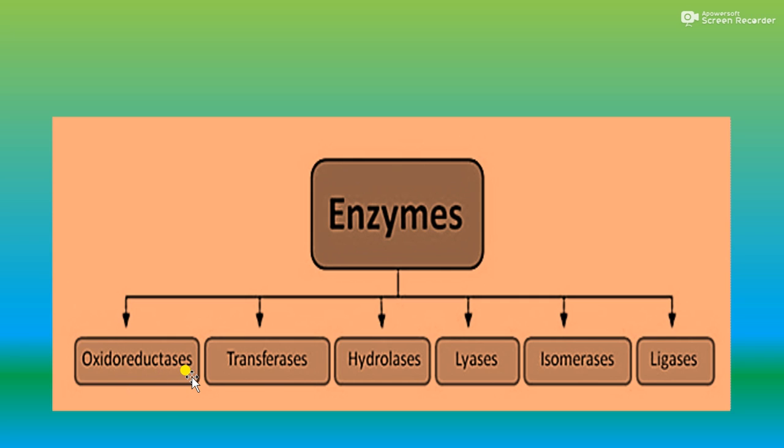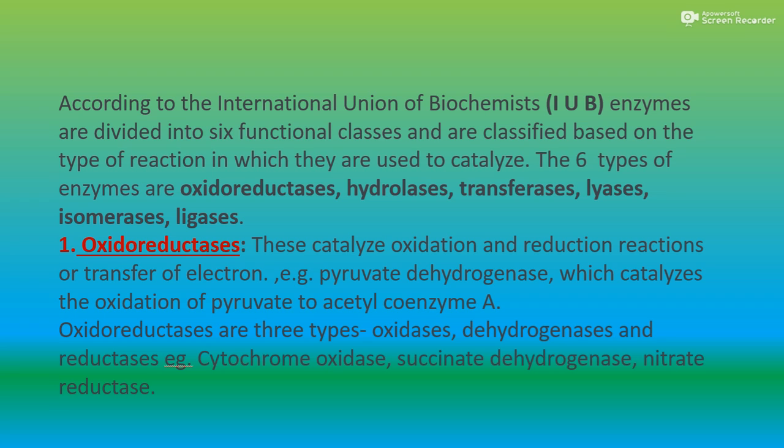The six types of enzymes are oxidoreductases, transferases, hydrolases, lyases, isomerases, and ligases. All these are classified based on the type of reaction they catalyze.